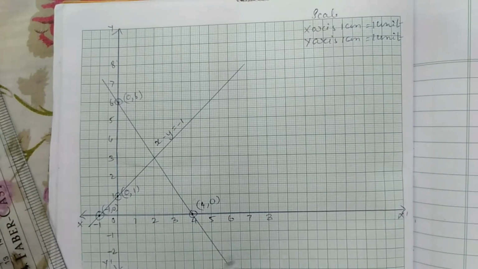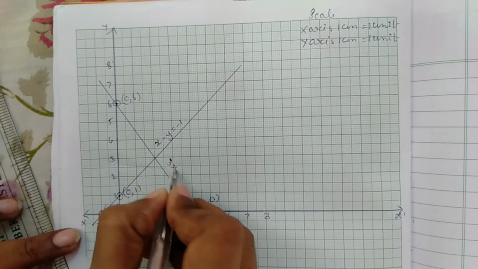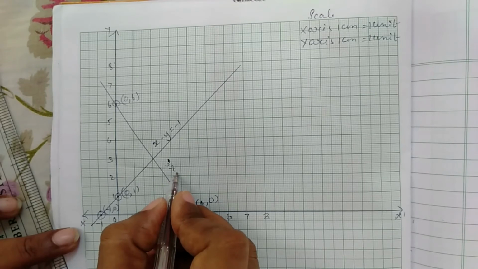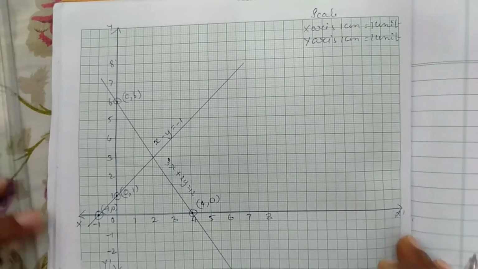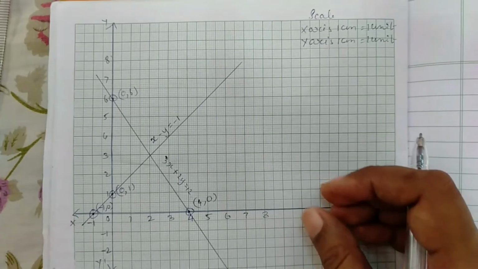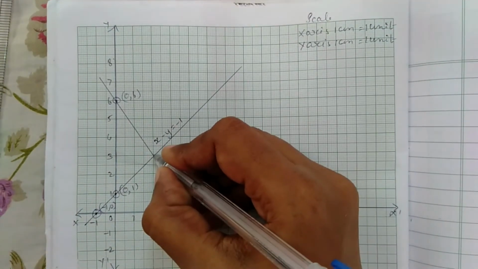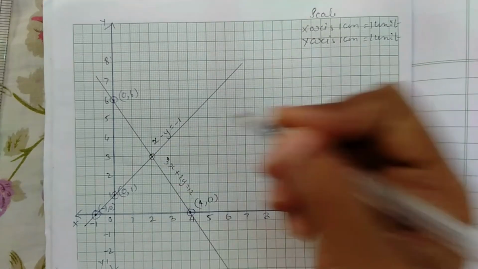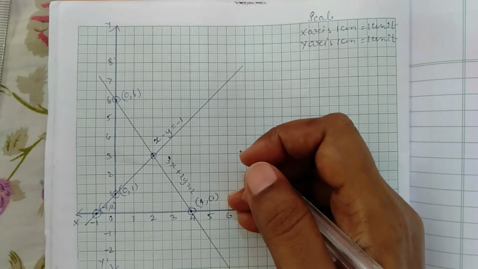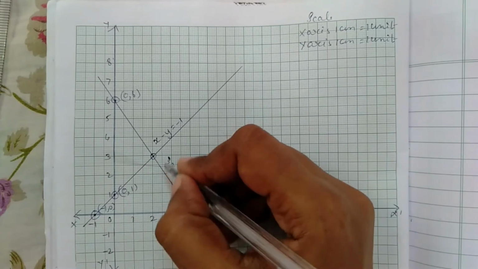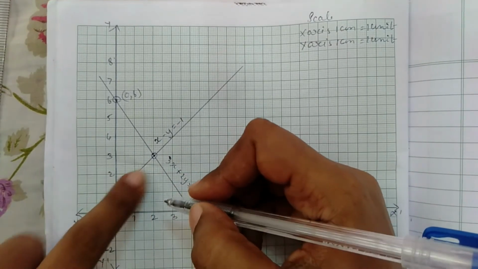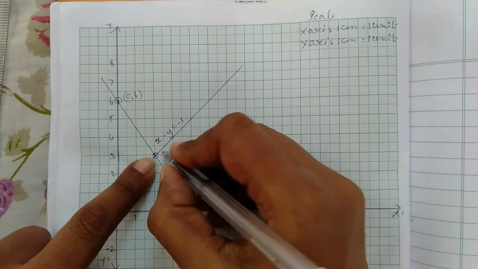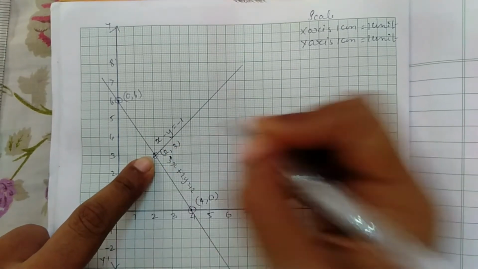Here the equation is 3x plus 2y is equal to 12. Okay, so this point where they have met is the solution for this equation. So here the coordinates are, from the x-axis it is 2, and from the y-axis it is 3. Okay, so 2 and 3 are the coordinates here.